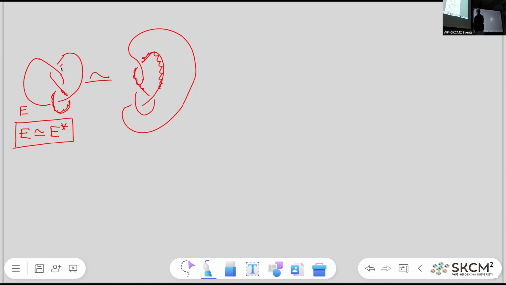So if I label this crossing A and this crossing B, then this could be A prime and this could be B prime. And now you see that I can deform this, and after I've deformed it, it looks like this. And then, down here.